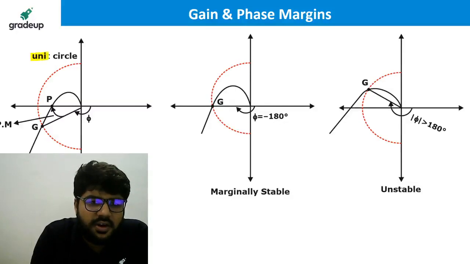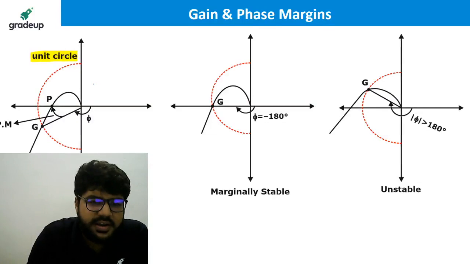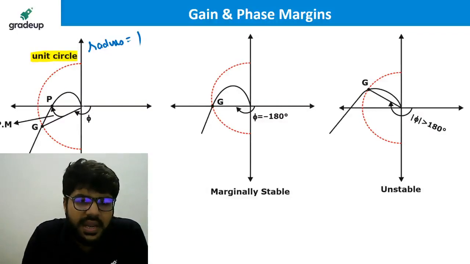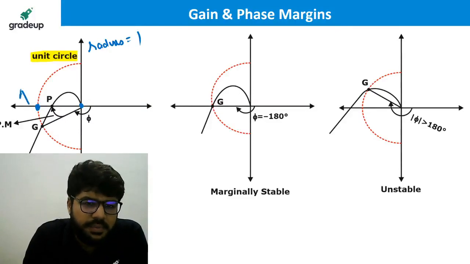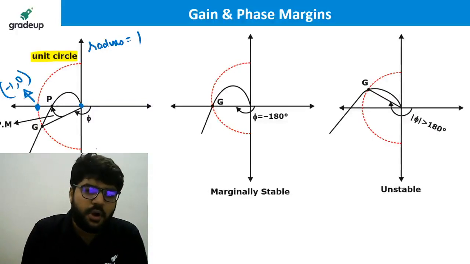Now, unit circle obviously has what radius? So I am talking about a circle having radius equal to 1, and center obviously 0, 0. So if the radius is 1, this point will be your important point, which is used for stability analysis, and that is -1, 0. And as you are able to see, point P is inside.